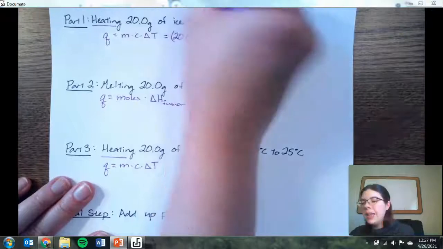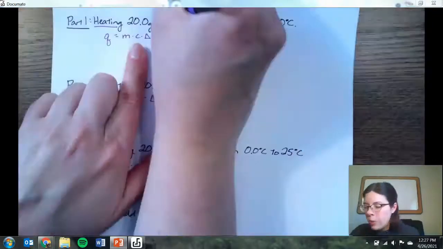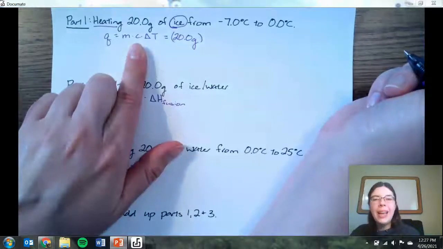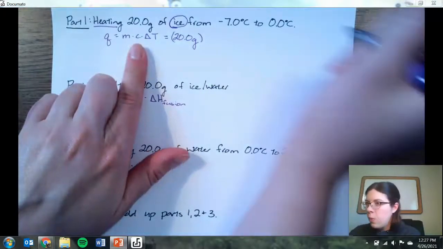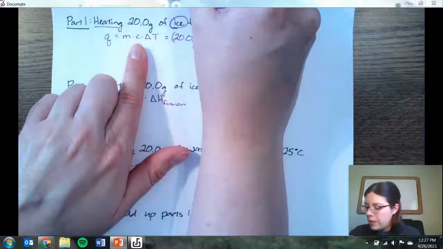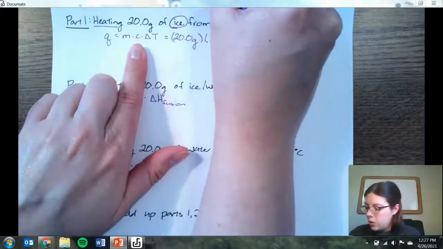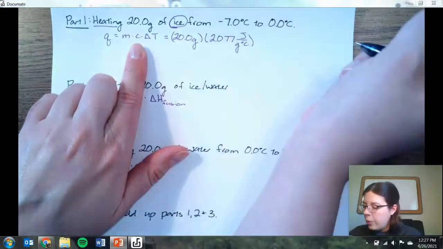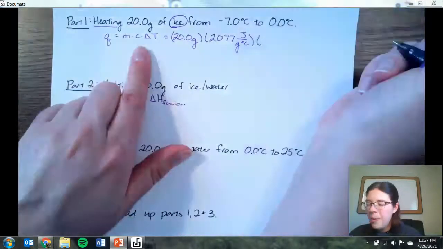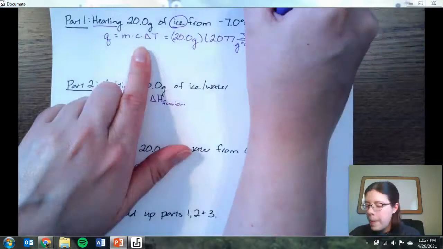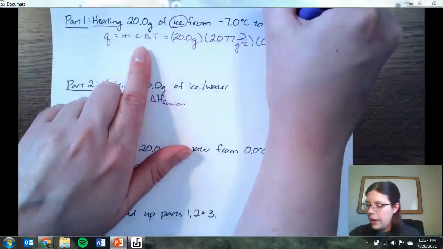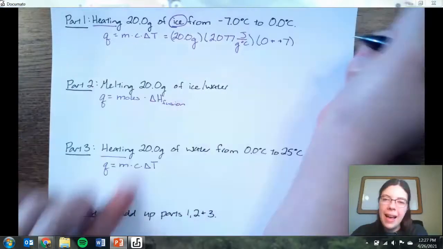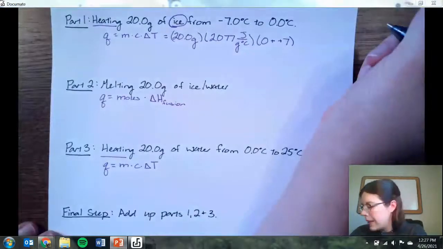The C is the specific heat, but we do have to be careful here because we don't have liquid water, we have ice, which if you look at your notes has a different specific heat, which is 2.077 joules per gram degrees Celsius. And then we're going to have our delta T, which is our final minus initial. So 0 minus a -7. Okay, so if you're subtracting negative, that's like adding it. Okay, so we have a positive number there.